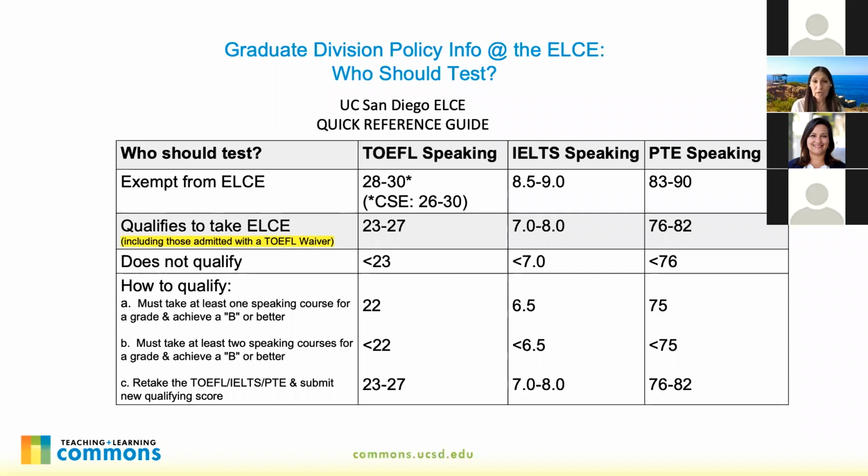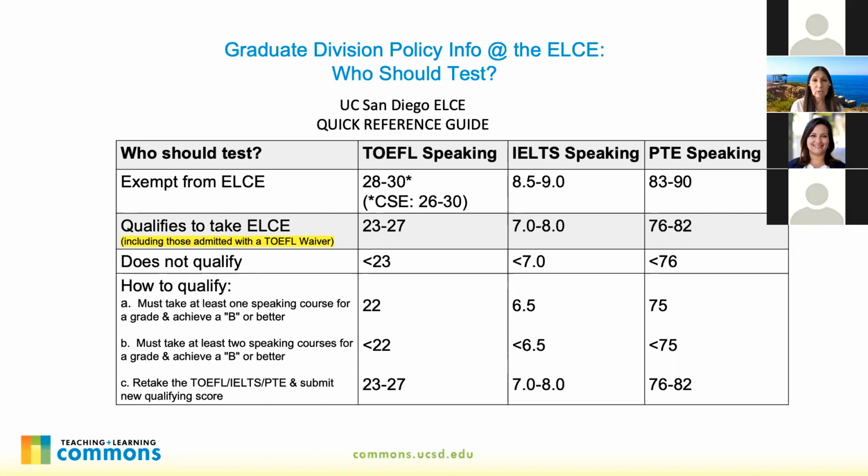If you do not qualify, that's below the 23, below the 7, and below the 76, you have an opportunity to qualify. What we're asking you to do is to take a speaking course and develop your skills before you take the ELCE.